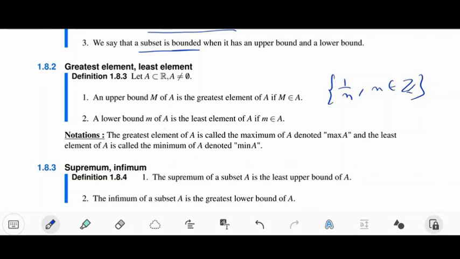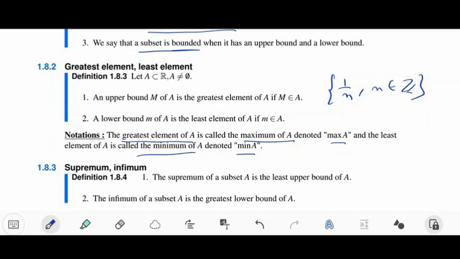So the greatest element of A, being an element of A, I will call the maximum of A, or max A, and the least element of A is called the minimum of A, or min A.